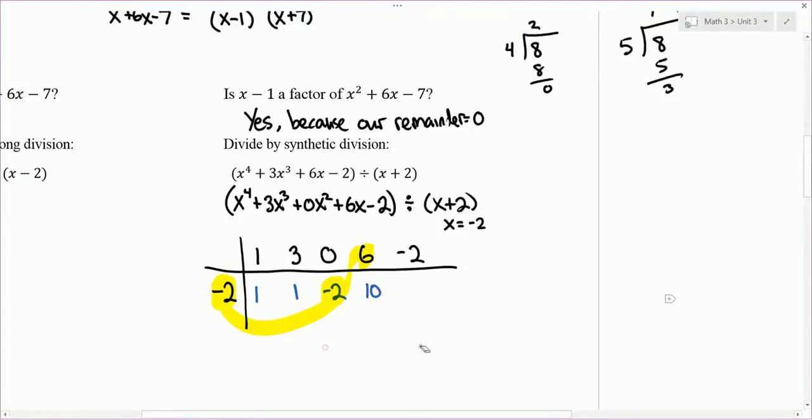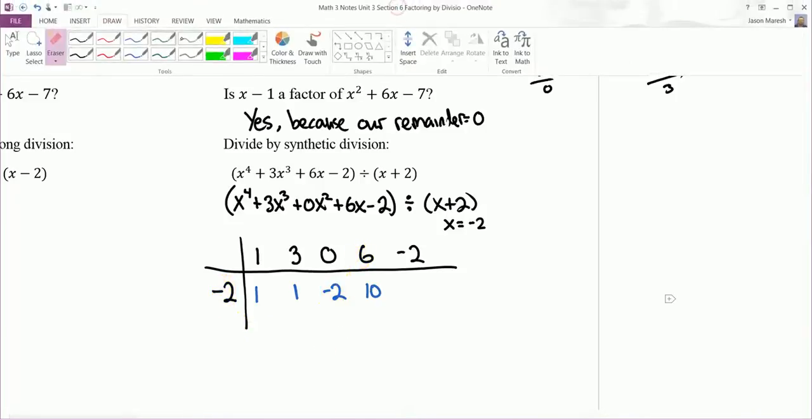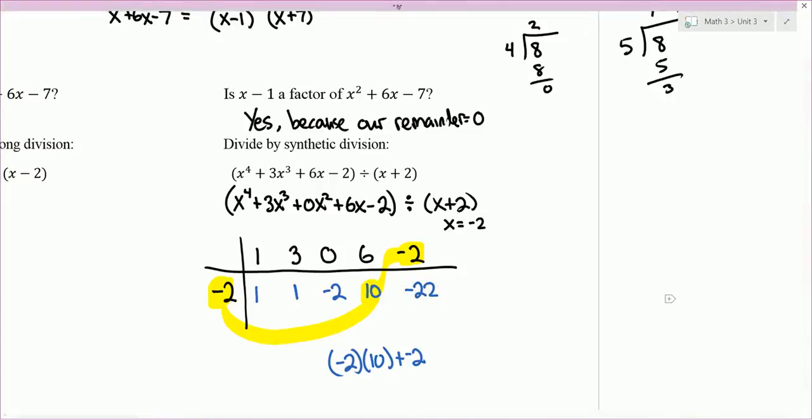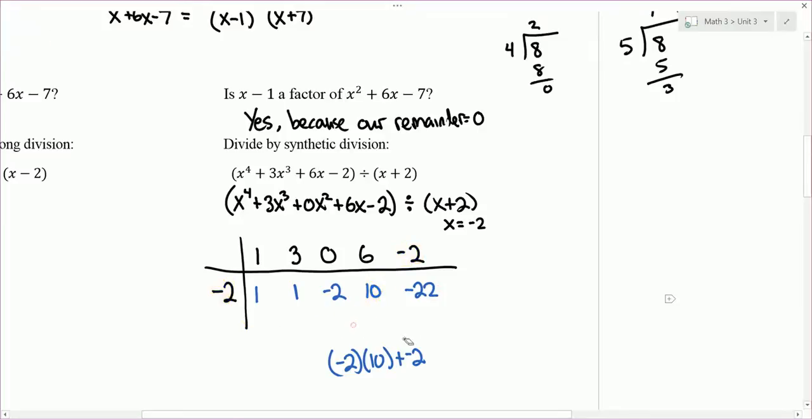One more time: negative 2 times 10 plus negative 2 gives you negative 20 minus 2, which is negative 22. Remember that last number, that negative 22, or whatever the last number is, that's your remainder.